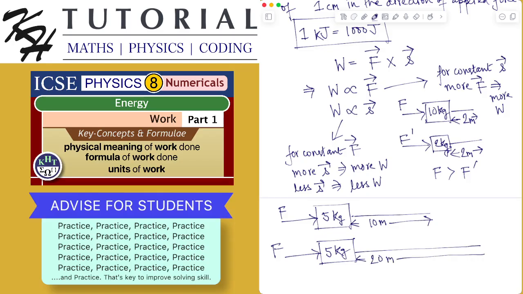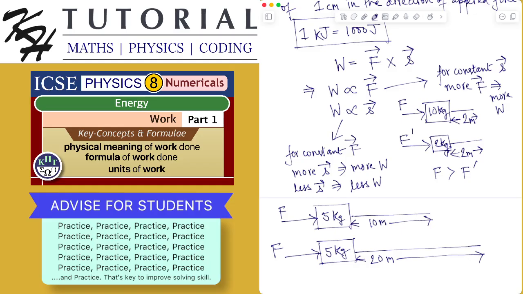So don't you think more energy was spent in moving the body of 5 kilogram by 20 meter by applying the same force, compared to moving the body of the same mass to a lesser distance, that is 10 meter, by the same force?